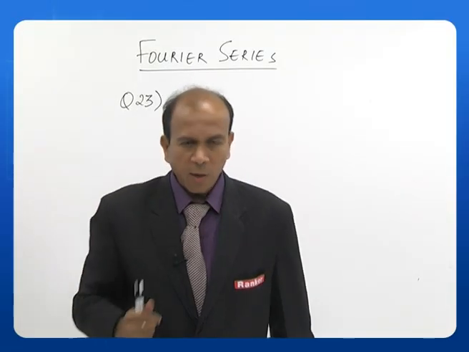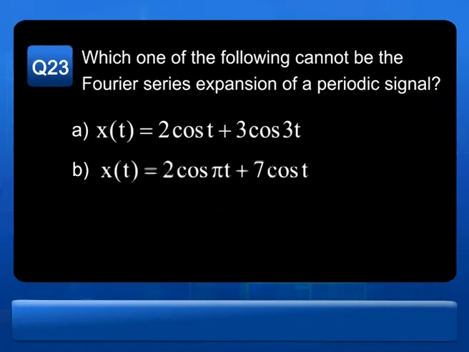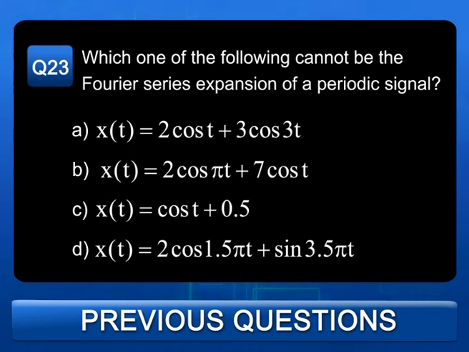Let us see the 23rd question. The question is, which one of the following cannot be the Fourier series expansion of a periodic signal? A, x of t is equal to 2 cos t plus 3 cos 3t. B, x of t is equal to 2 cos pi t plus 7 cos t.